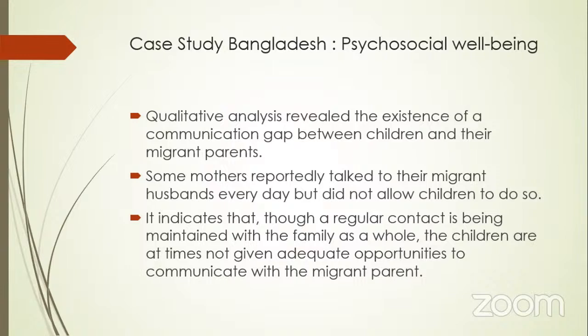Again, we tend to forget the fact that the child has an active psychology which needs to develop. More often than not, a lot of people still believe that children do not understand things. There is research to say that 5 years onwards, children are understanding everything. They need to be talked to.